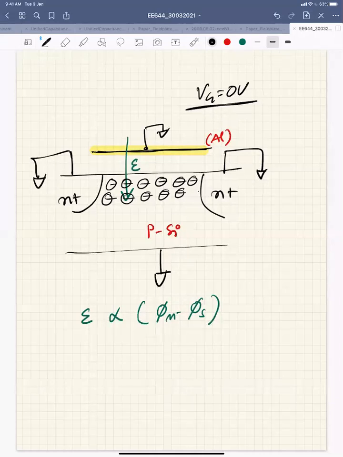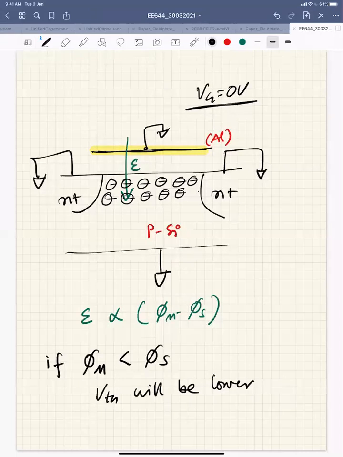Since I already have some negative charges at V equal to 0, I have to apply less gate voltage to invert the surface, because I already have some electric field at V equal to 0. To invert, I need some more electric field, and then I could apply some more gate voltage to invert the surface. So the threshold voltage in this case will be lower, right? If phi m is less than phi s, then your threshold voltage will be lower.